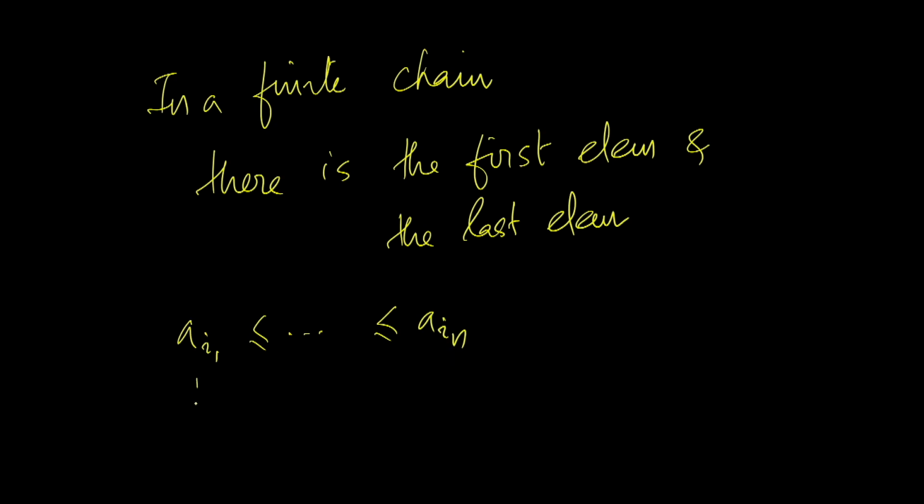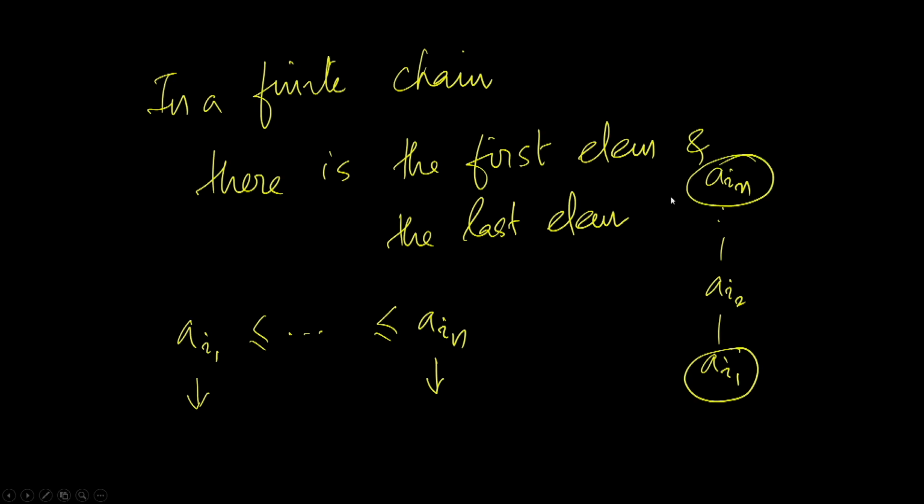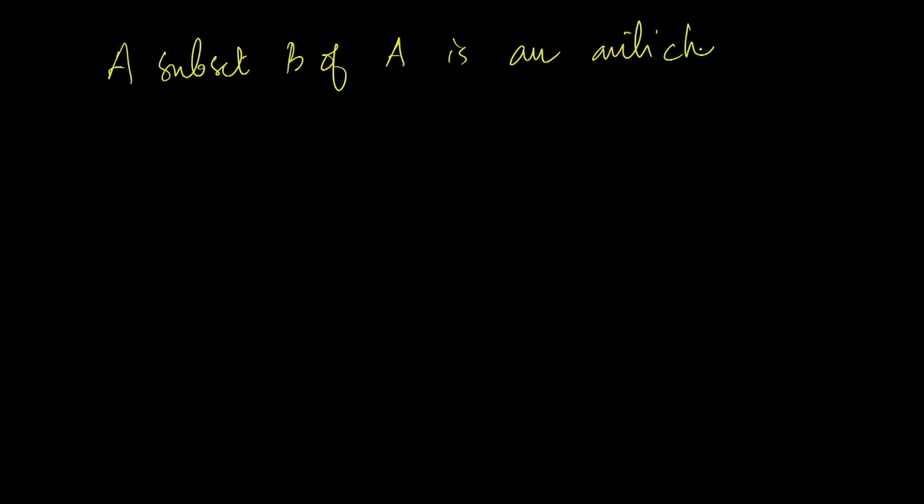So, you can always find the first element and the last element. If you look at the Hasse diagram of a chain, it would look like this. So, the bottommost element is the first element and the topmost element is the last element. A subset B of A is an anti-chain if no two elements of B are related.